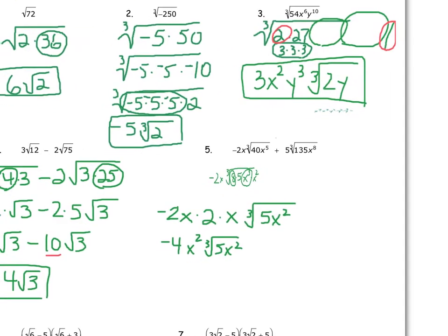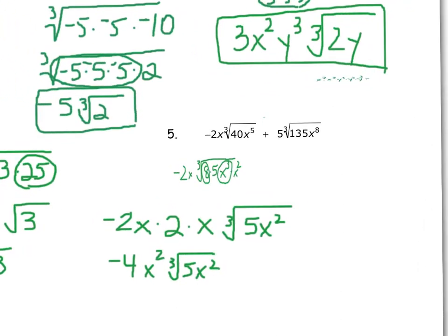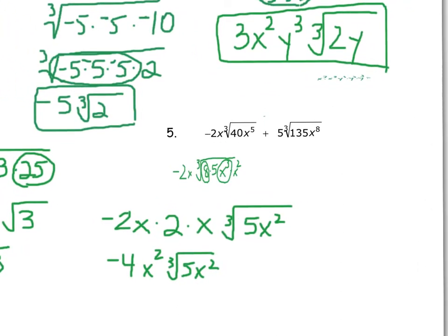Now, we come over and we finish with the second expression, and we've got 5 and the cube root. Divide the 135 by 5, and there's 27, so we've got a perfect cube there. And the powers of x we break down as x to the 3rd times x to the 3rd times x squared.